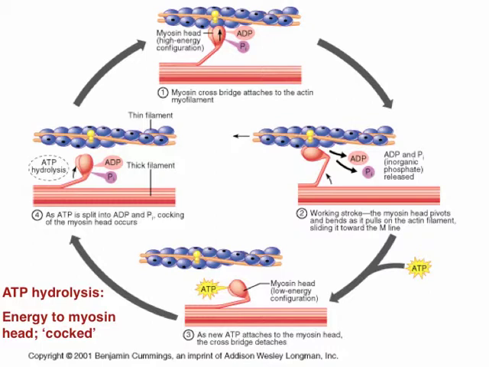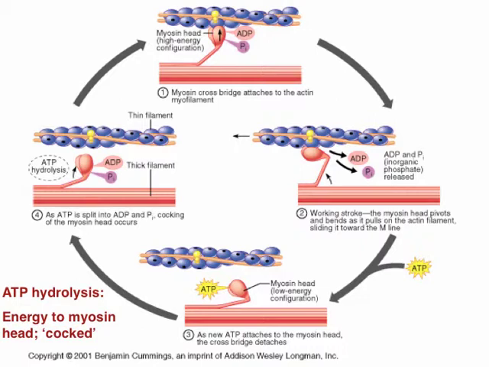And when calcium is present, then the troponin-tropomyosin complex, that yellow thing with the sort of orange rope on it, can move out of the way of the myosin binding sites on actin, and myosin can bind. So you can see on the myosin head, they're calling it the high energy configuration because the myosin head is bound to actin, and ADP and inorganic phosphate are still attached. So just previous to that event, ATP was hydrolyzed.